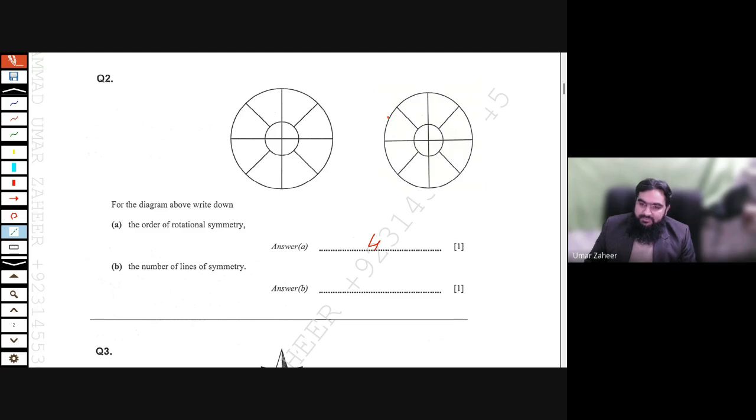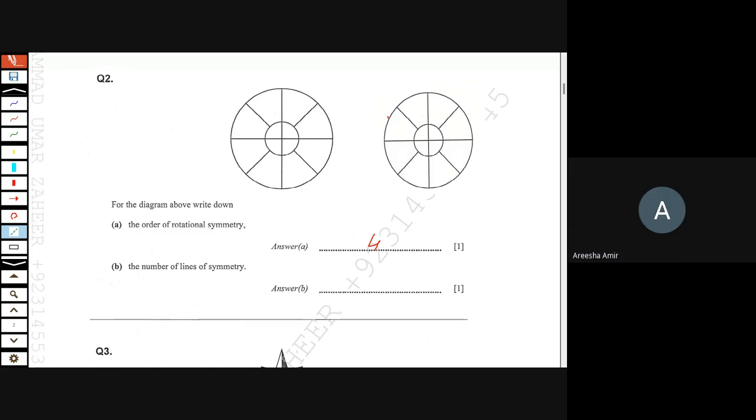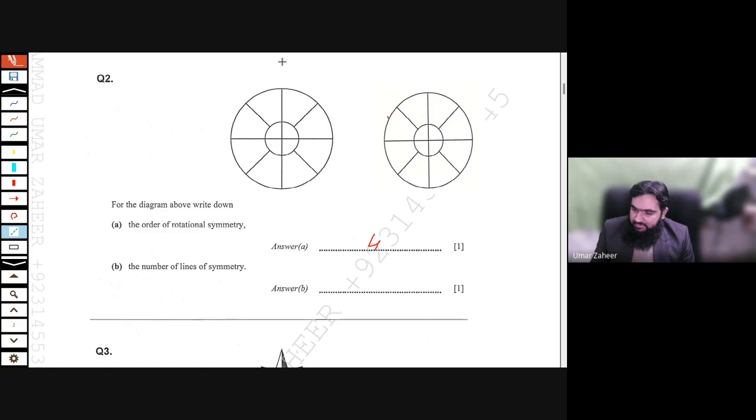Look for the pattern as well. How many lines of symmetry can we draw? One, two, 4. One is a vertical line.